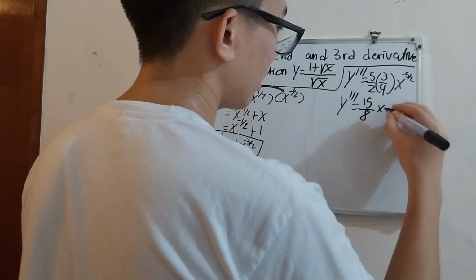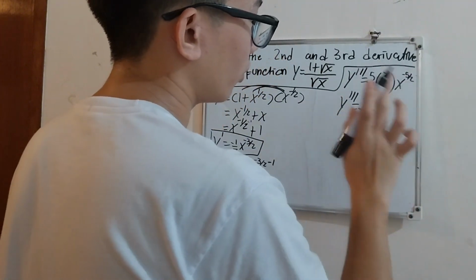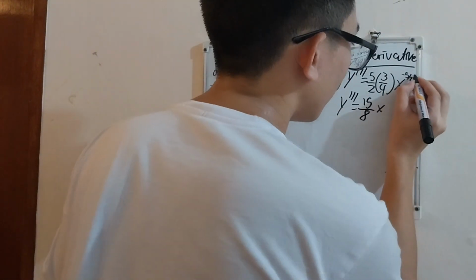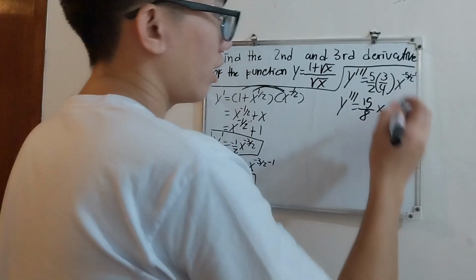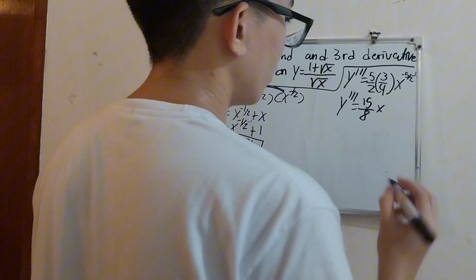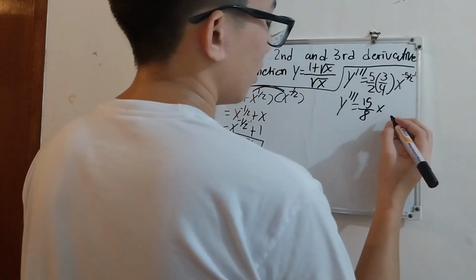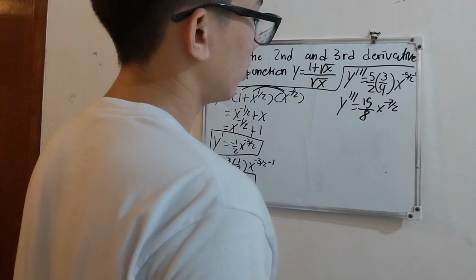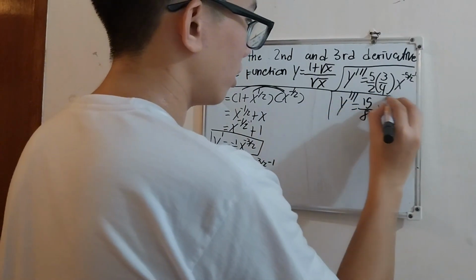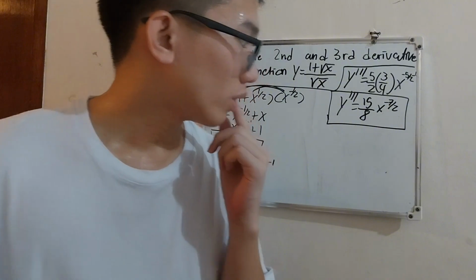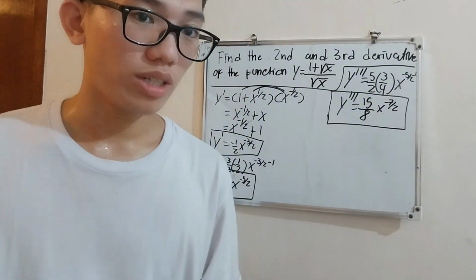Copy x, so negative 5 over 2, since there is a minus 1 here, negative 5 over 2 minus 1 is equal to negative 7 over 2. So this is our third derivative. So that is all of my 3 examples and how I solved them.